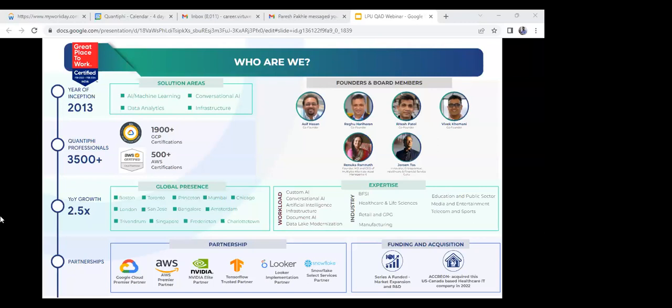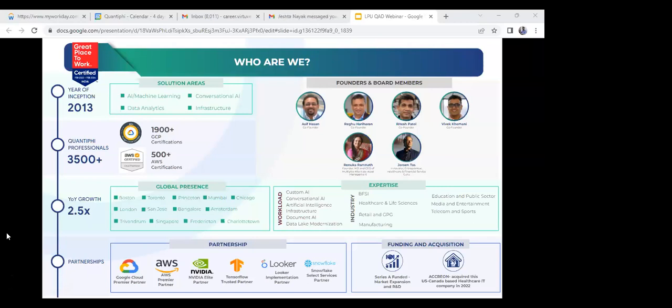If there is demand from partners, we would like to expand our footprint across the globe as well. And we acquired a company in 2022, Acreon, a healthcare company based out of Canada. This helps us penetrate the healthcare IT market in a focused manner.